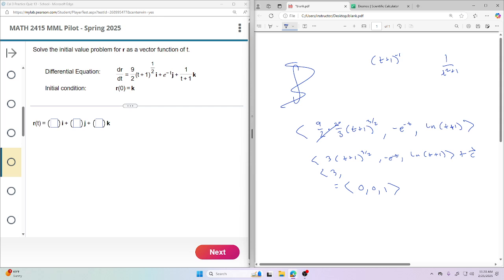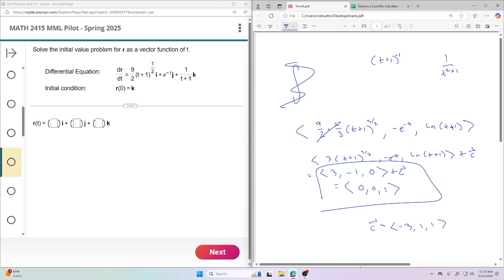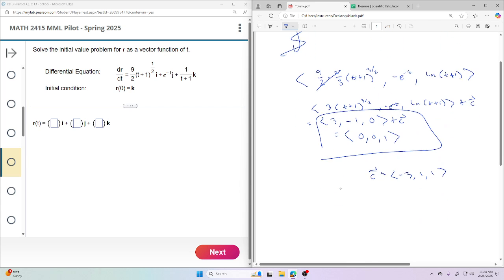Plug in a 0, I get a -1? And then if I plug in a 0, ln of that is a 0. So then this is kind of like my formula right here. I'm saying this plus c equals that. So then my c vector would have to be a -3, a +1, and a 1, right? Am I wrong there?